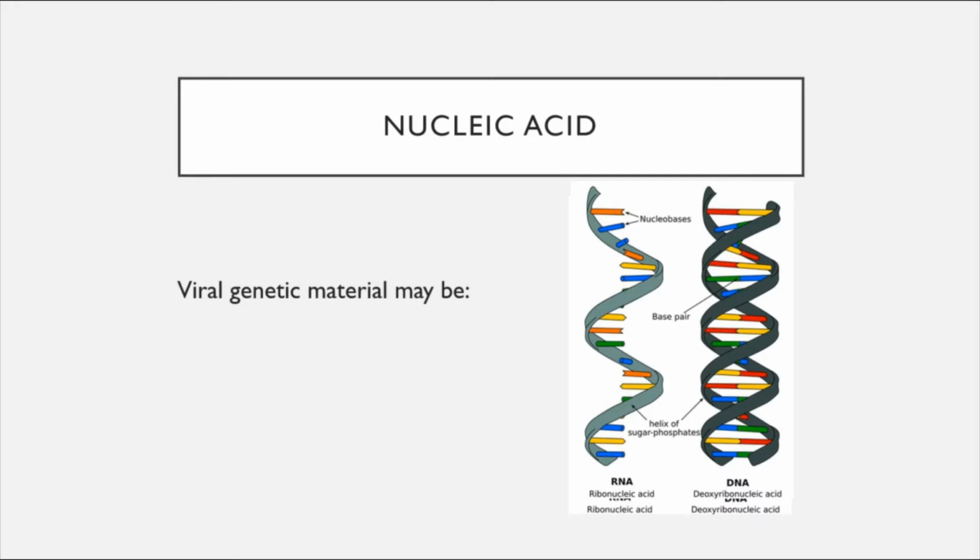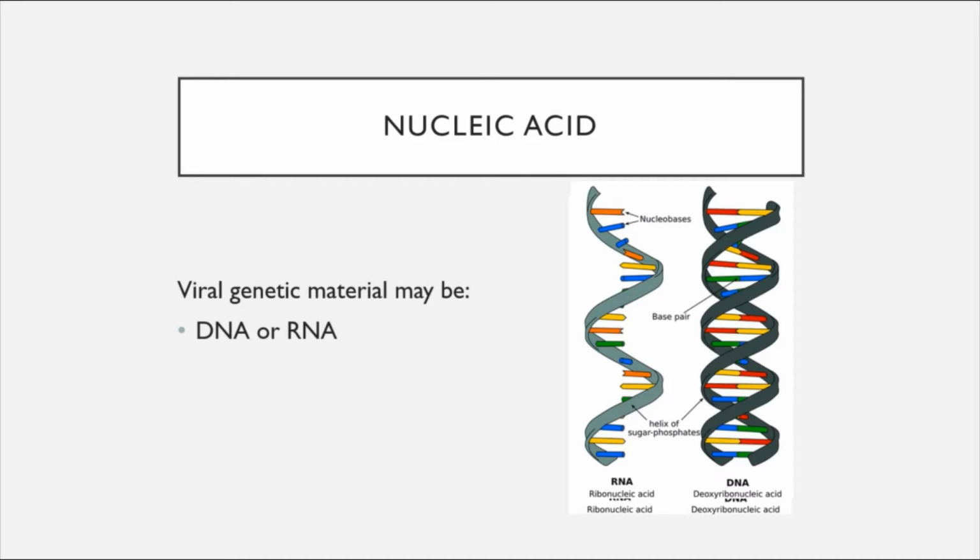Viruses are unlike other types of biological entities because their genetic material exhibits a lot more diversity than what we see in the rest of the world. We have learned always that DNA is the genetic material, but for viruses, their genetic material can either be DNA or RNA.